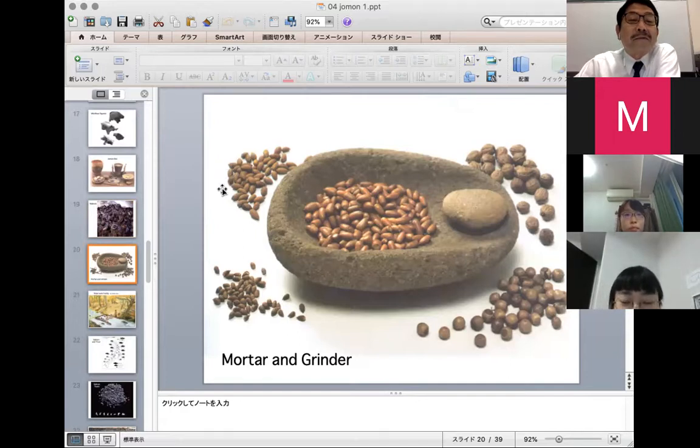You can still get these around this area. At the ICU festival, in autumn, the archaeology club would put up some shops and they will give you a sample of these. You can eat it right there. It's very good to eat.